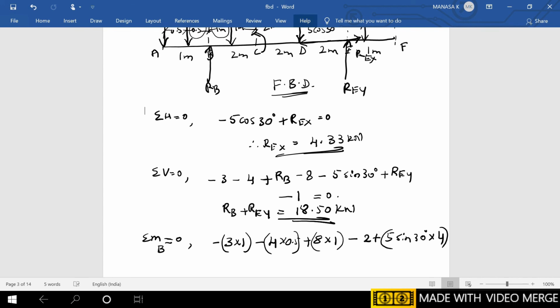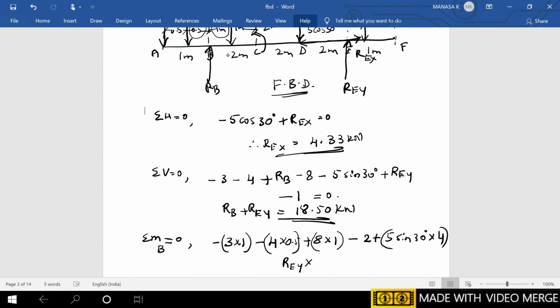Next, you go for point E. There are two reactions. Rex, again, is passing through the point B, so no moment. Rey is a vertical force, which is acting upwards. So the value we don't know. The magnitude is Rey into perpendicular distance. Line of action is like this. Point is here. Drop a perpendicular.